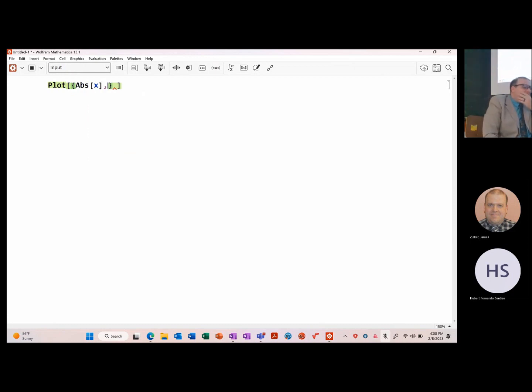So I'm going to have Mathematica plot the absolute value of x and then those 4 problems just to show you how they all compare. All right, so what was the first one? It was absolute x minus 1. Then it was absolute of x minus 2.